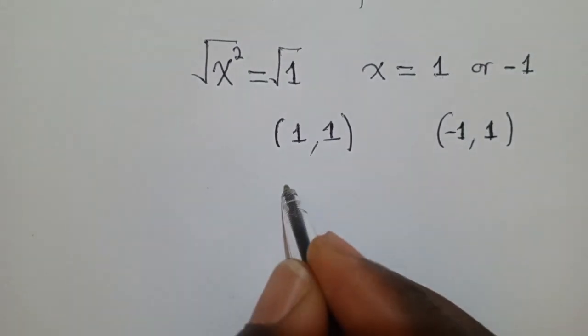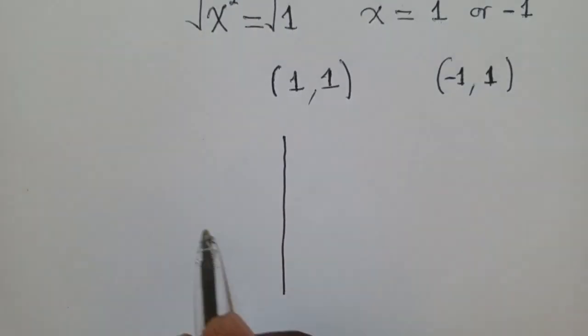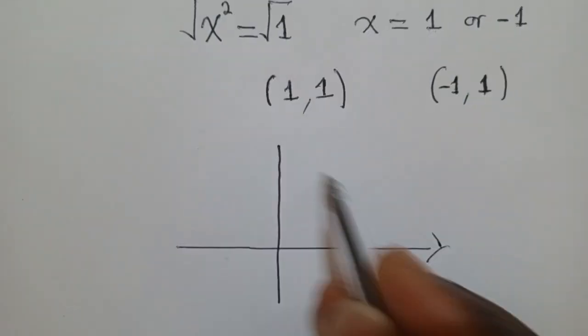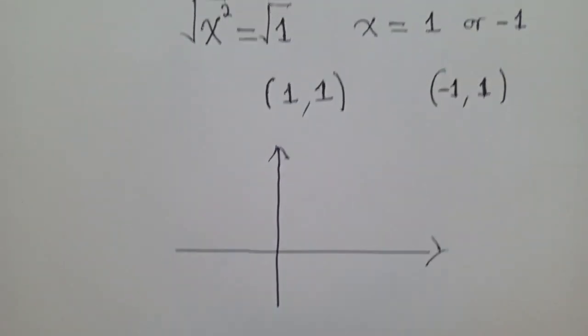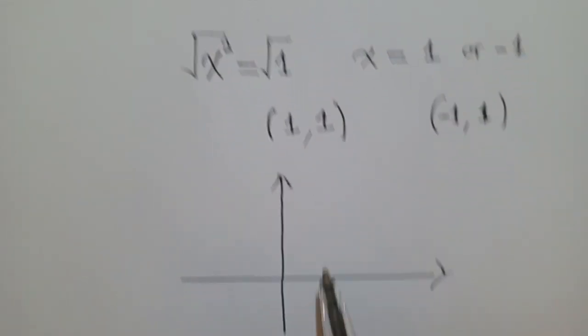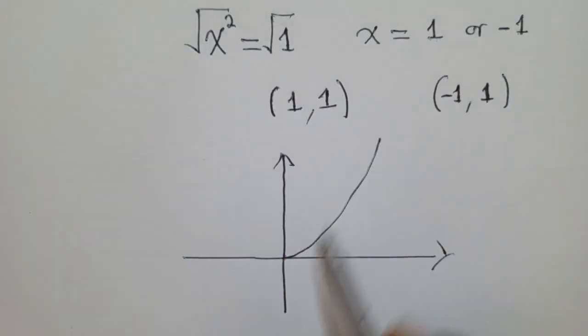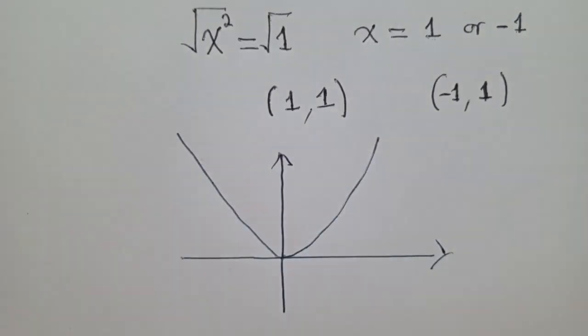So we can graph. We shall say this is our y-axis, and this is our x-axis. Okay, so we're going to start with the first one, this one here. This is how it will look like. It's a parabola which is passing at the center, the origin, like this.